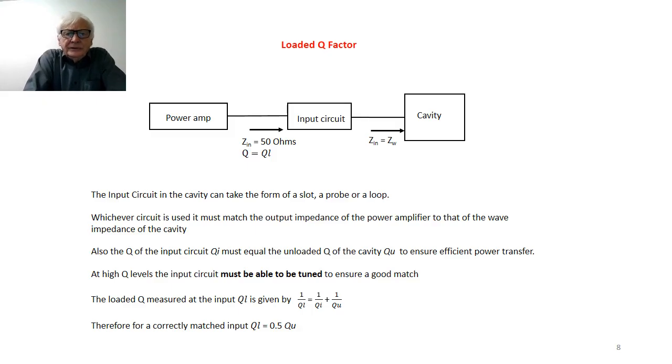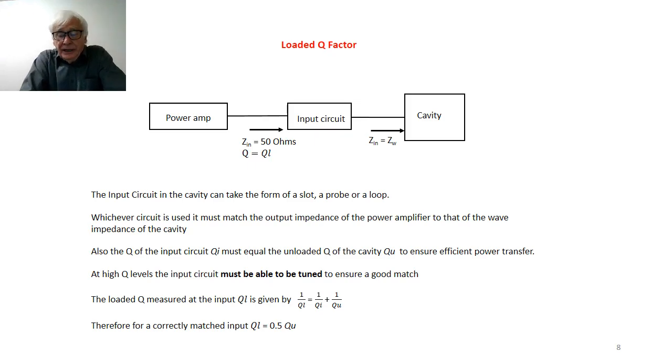The important thing to note, however, is that this input circuit, which has this impedance matching requirement, must also be a high Q itself. And we designate the Q of the input circuit as Qi, and this actually must equal the unloaded Q of the cavity, Qu, to ensure maximum power transfer.